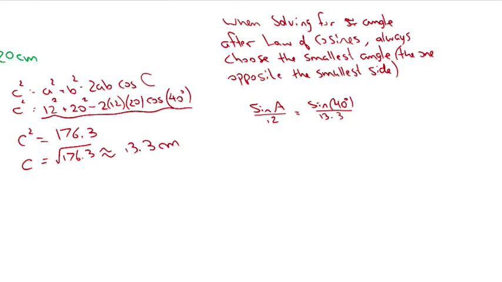Okay. So what's measure of angle A equal to then? Measure of angle A is going to be 35.5. Multiply both sides by 12, divide by 13.3. Sine inverse of it. What was it again? 35.5.